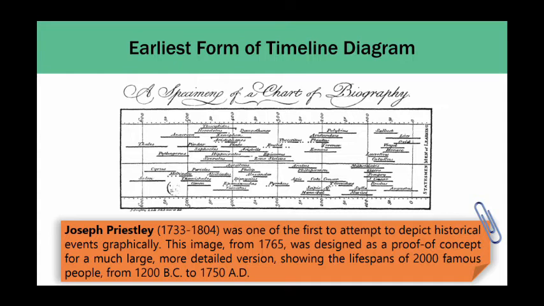So it is an attempt to record a chronological order of events showing the lifespan of 2,000 famous people. What differs is that it shows the events of a certain group of people.